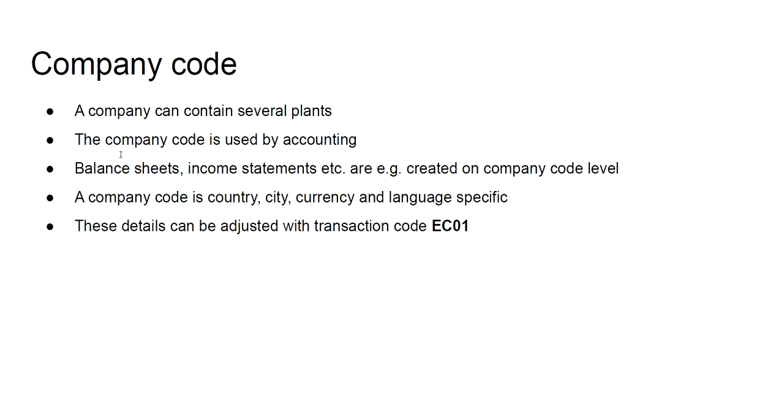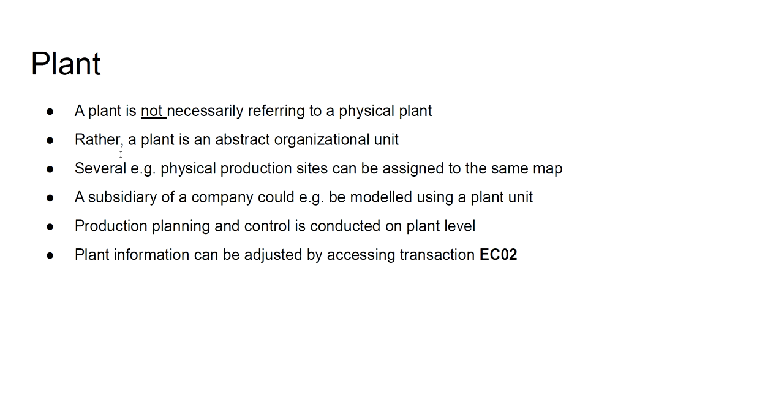And if you want to adjust these details, you can execute transaction code EC01, which will take you to a prompt that allows you to adjust the country, city, currency, and language for the given company code. This also means that if you want to set up, for example, businesses in different companies, in different countries, you will have to use different company codes.